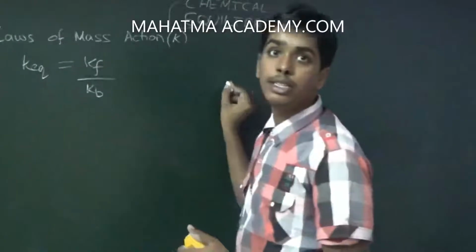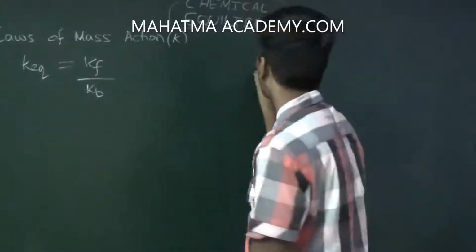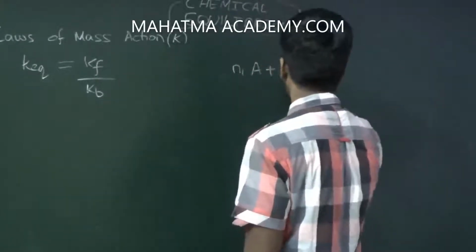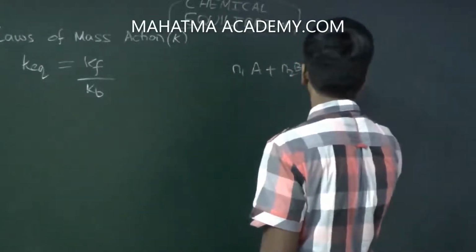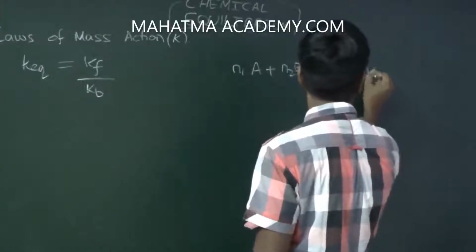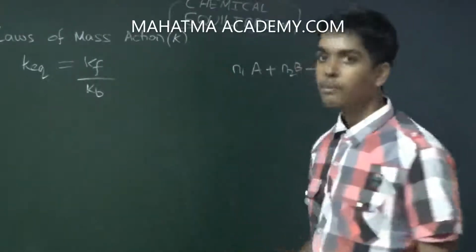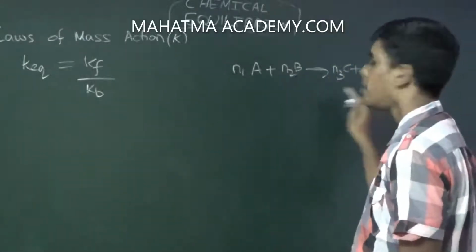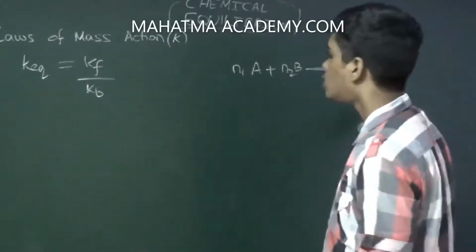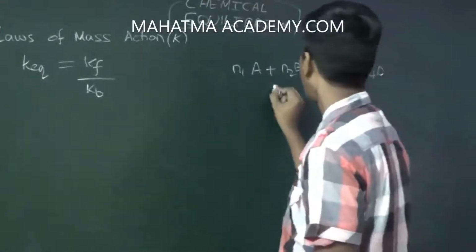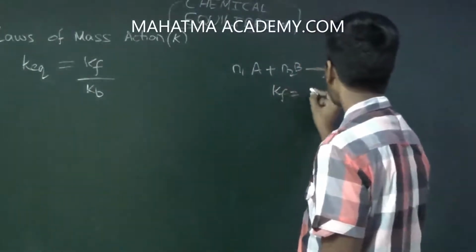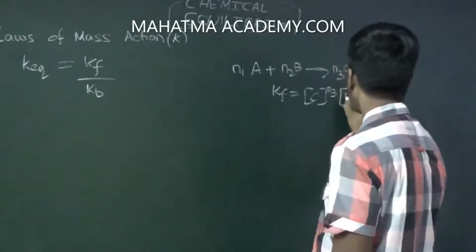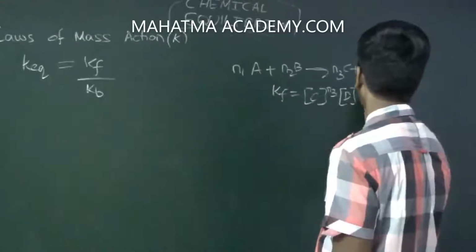Now we will choose an example. n1 A plus n2 B gives rise to n3 C plus n4 D. Now K forward means we will go forward. So K forward is equal to C to the power of n3 into D to the power of n4.